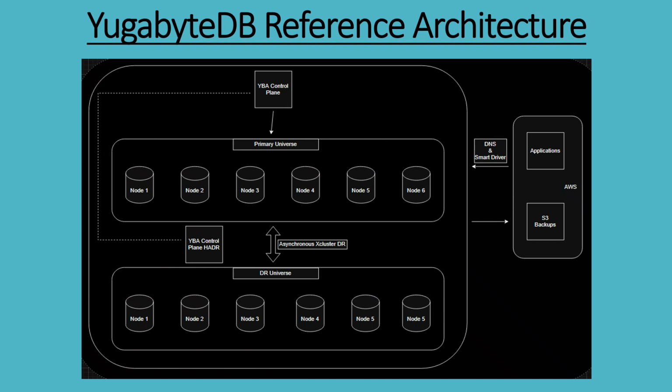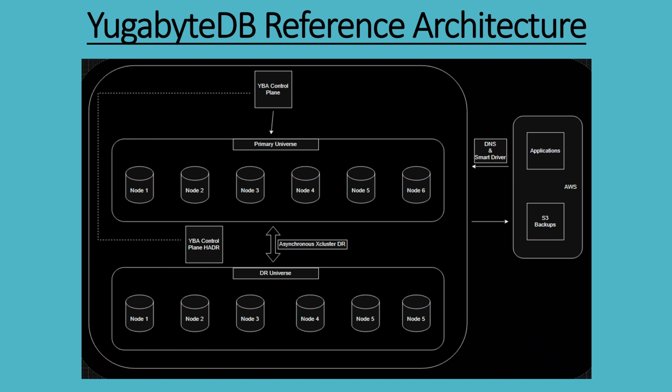We are going to come back to the universe because there are some additional things that you need to understand. The next thing I'm going to discuss is the cluster. Again, a cluster is also a group of nodes. Although I have not explicitly mentioned it, there are two clusters here. Nodes 1 to 6 are the primary cluster, and the nodes 1 to 6 below are the DR cluster.